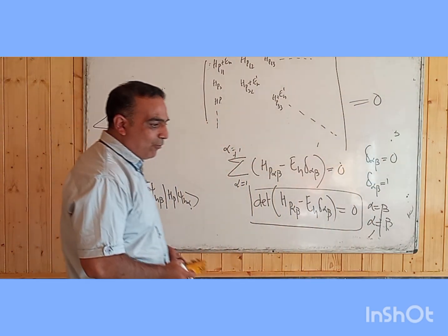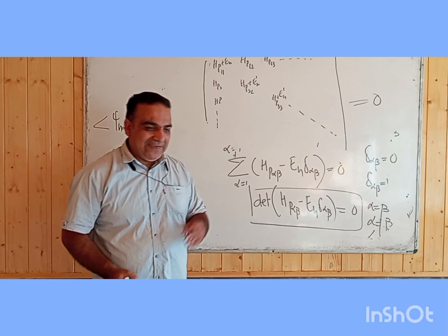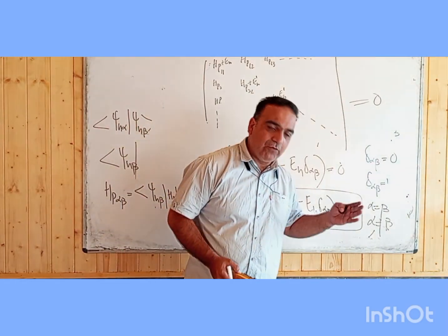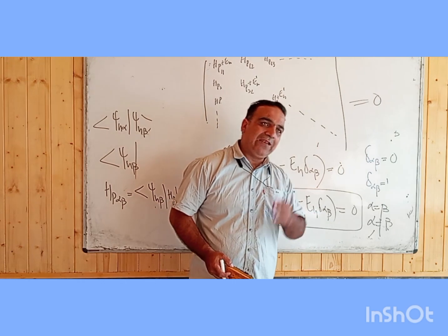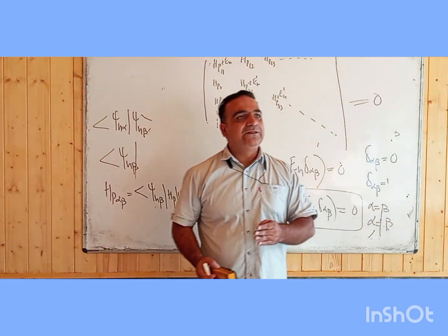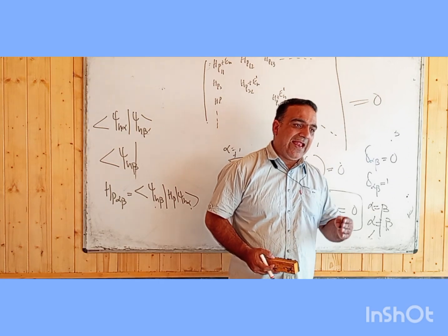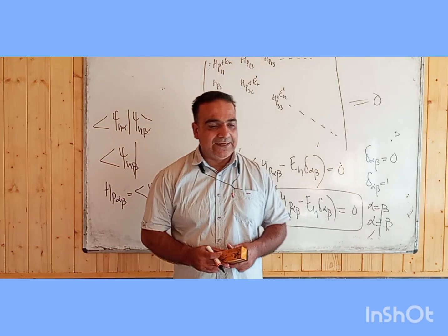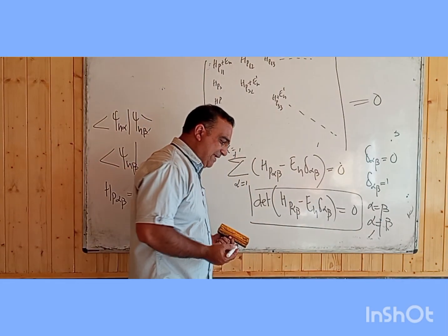Now, in most cases, you will have different values as the roots of the equation are evaluated. You will calculate the roots, and the roots will give us different values, and having those different values means the degeneracy is lifted. So what does that mean?